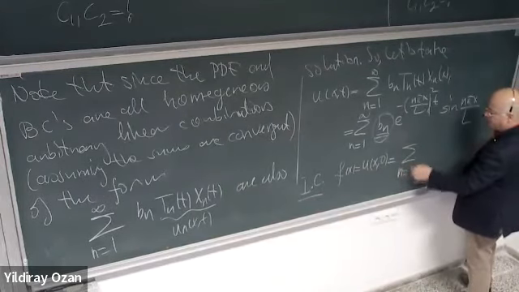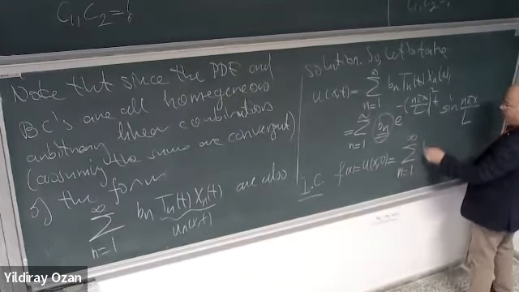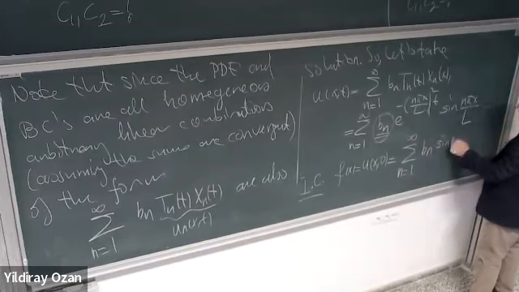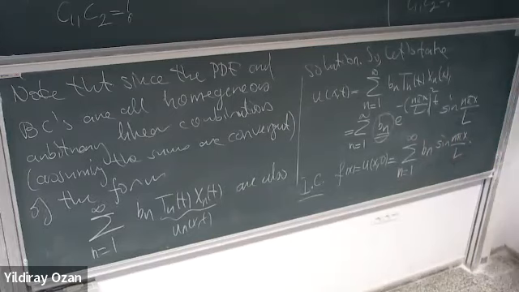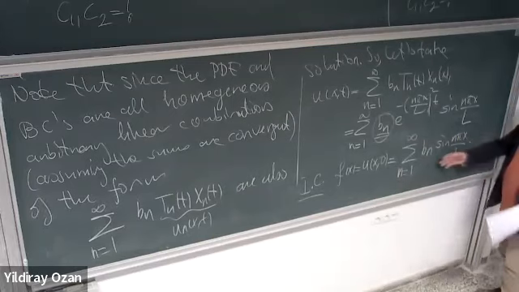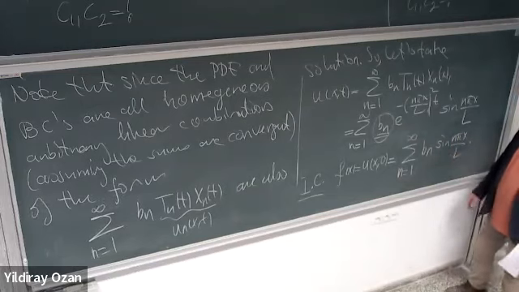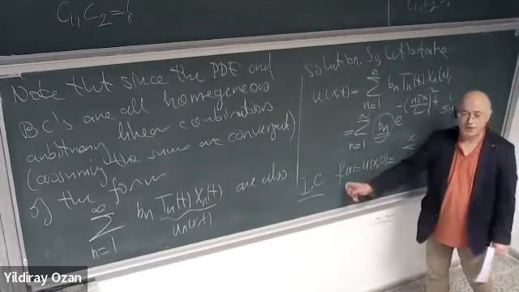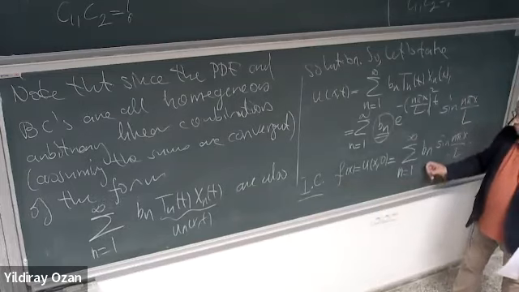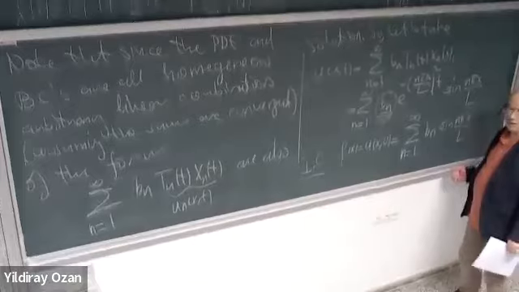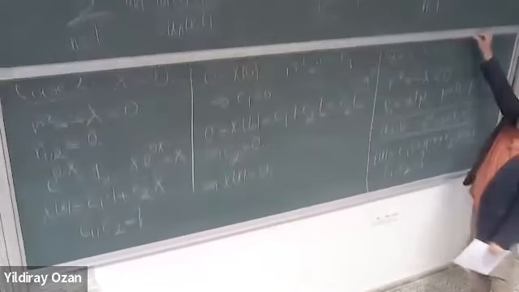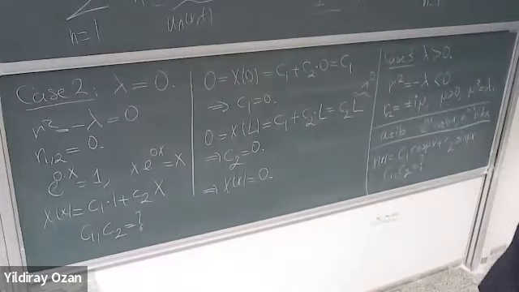Therefore, we get the sum of b_n sine n pi x over L. Can I solve this equation? Yes, we have seen such things before, right? This thing is just a sine series for this function. Can we find a sine series for the function? Well, of course we can.